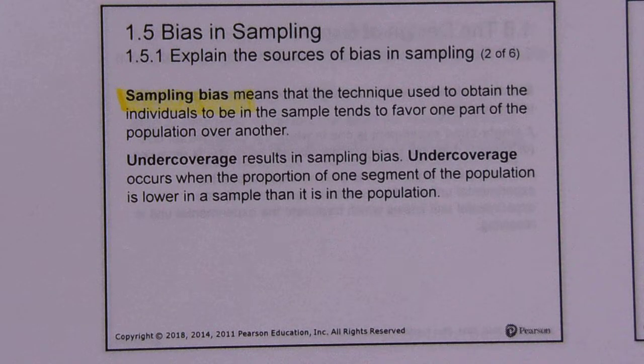That's called undercoverage, because there are parts of the population that were not covered in your sample. In the case of only asking Midland College students who they're going to vote for, there are parts of our population that were undercovered. They weren't part of that sample. So that's a sampling bias.